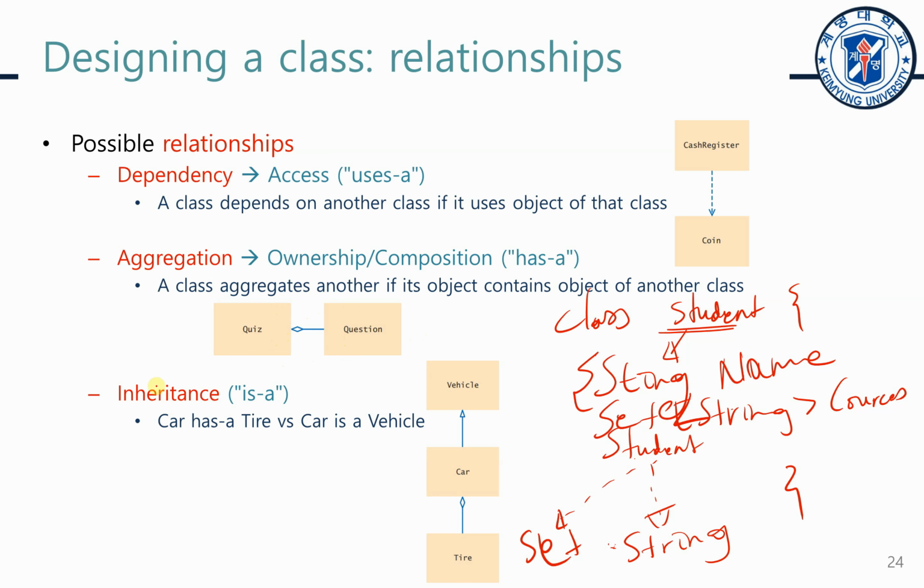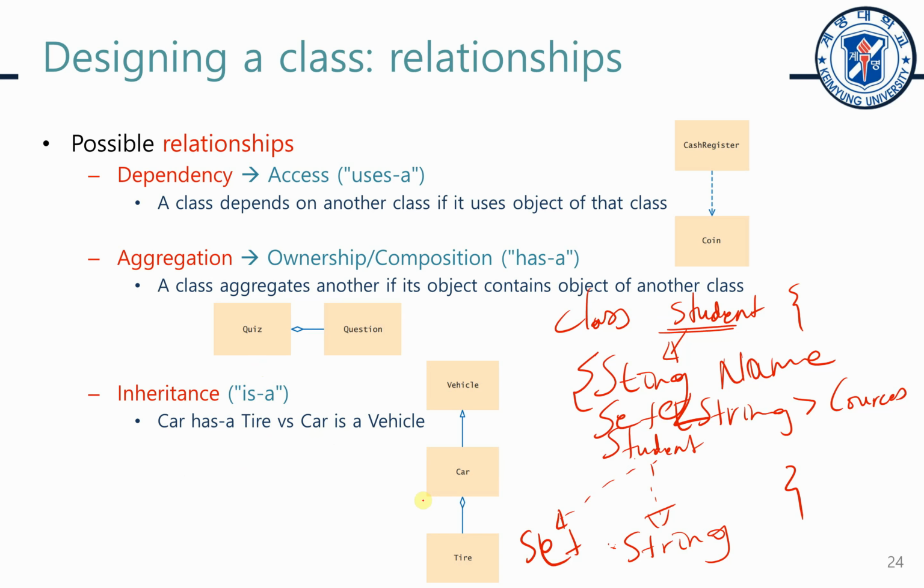And then finally the relationship between classes is an is-a relationship. That means one class inherits methods and behaviors of the other class. We already saw this. A car has a tire versus a car is a vehicle, right?